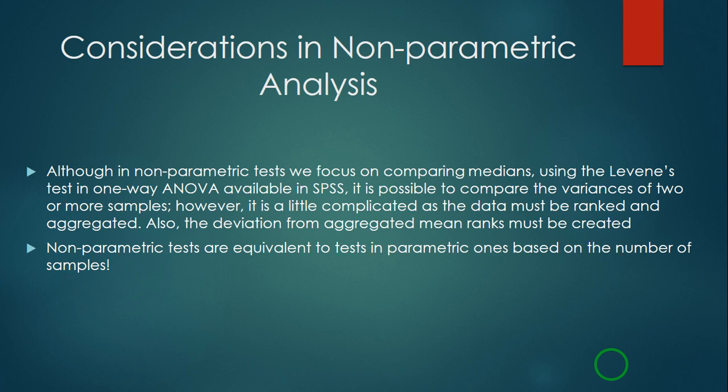And finally, the deviation from aggregated mean ranks must be created. And the last point is that non-parametric tests are equivalent to tests in parametric ones based on the number of samples. So, for example, the one sample t-test in parametric hypothesis testing will be equivalent to the one sample sign test.